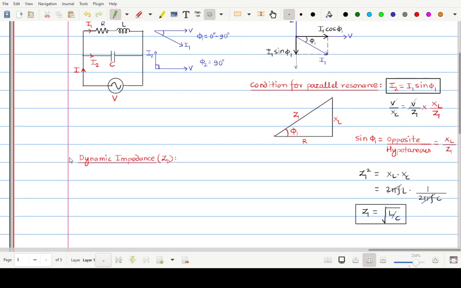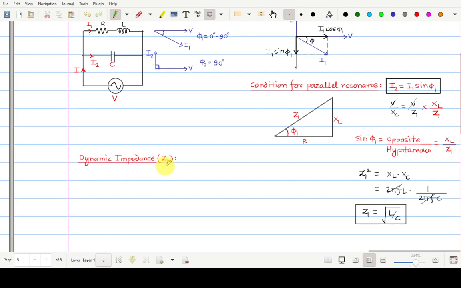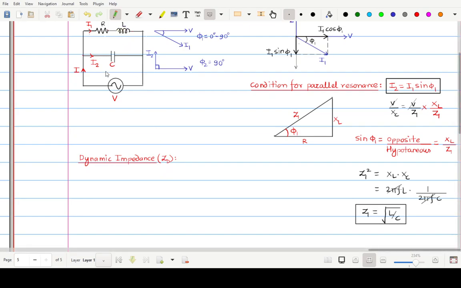Now the very first parameter we will study for this circuit is dynamic impedance, indicated by ZD. What is dynamic impedance? It is the impedance offered by this RLC parallel circuit when it is in resonance condition. We know that at resonance I2 is equal to I1 sin phi 1.